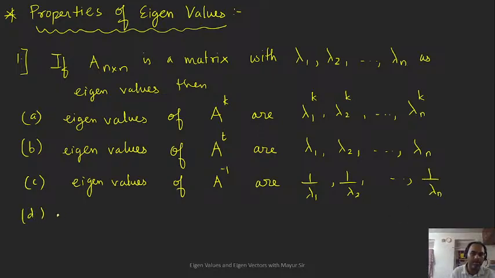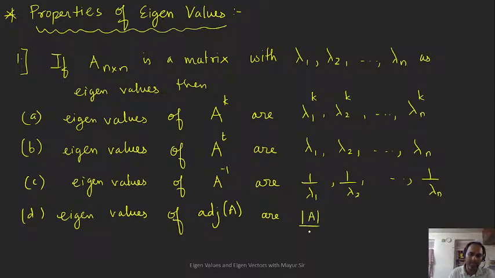Third, eigenvalues of adjoint of A are determinant of A over lambda 1, determinant of A over lambda 2, and so on up to determinant of A over lambda n.